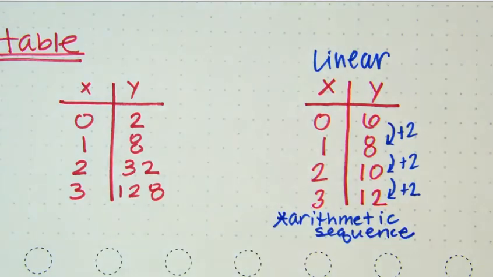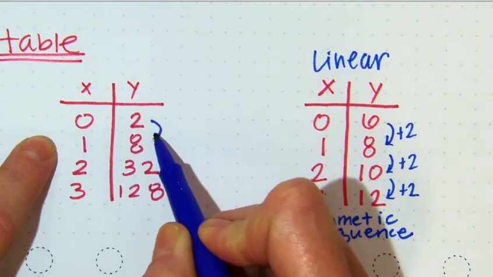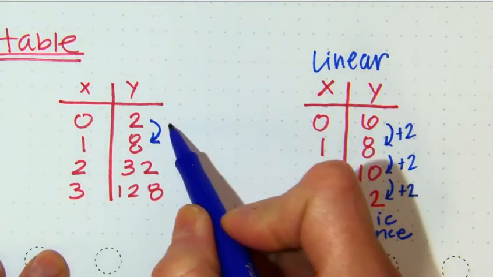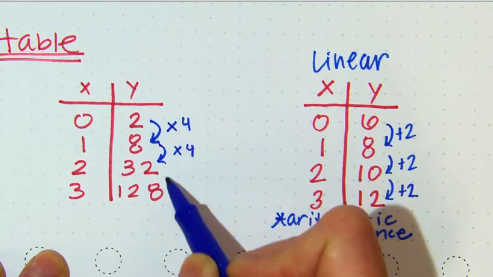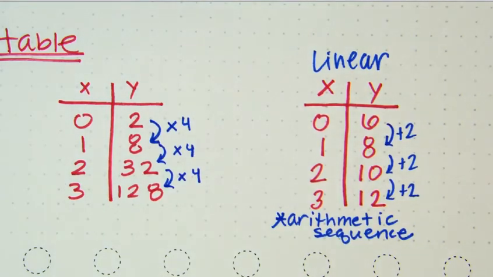And we got done talking about geometric sequences a couple weeks ago, and those created exponential functions, right? So if you look at this first one, as my x is increased by 1, my y's are increasing by different amounts. However, there is still a pattern. What's the pattern? So we're multiplying each by 4, right? So my pattern is that I'm multiplying by 4. And yes, that's a consistent pattern.